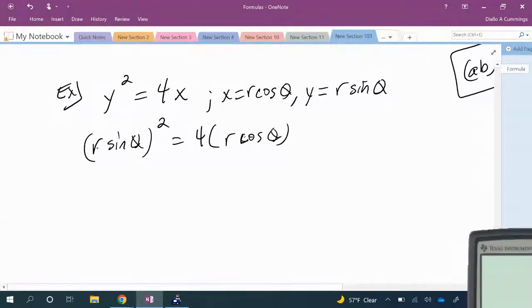So we have a product, so we have to raise both factors to the second power. We take r, which is the first factor, and raise it to the second power. We also take the second factor, which is the sine of theta, and raise that to the second power as well. So we have r squared times the sine of theta squared.